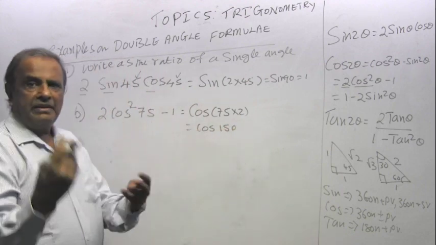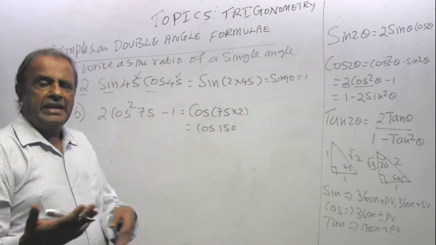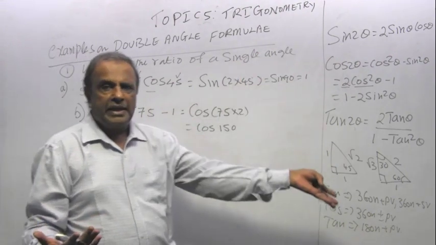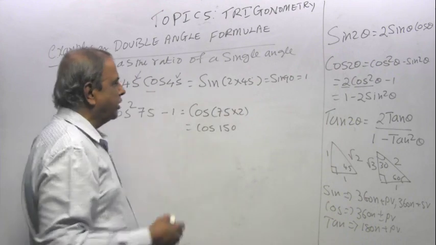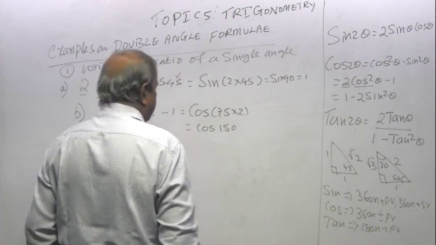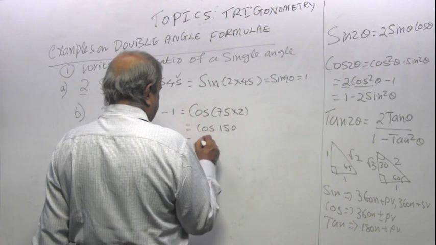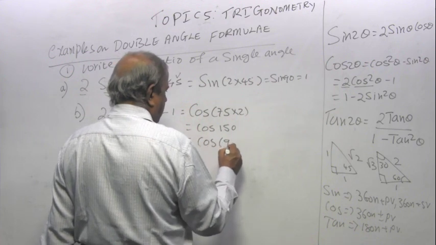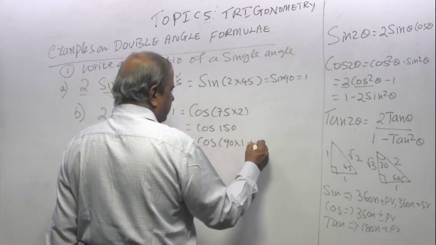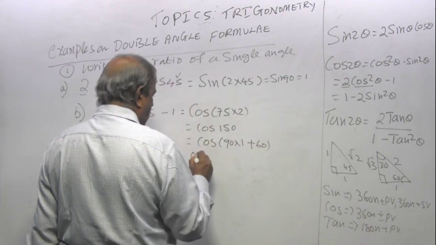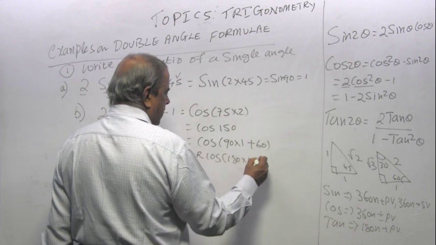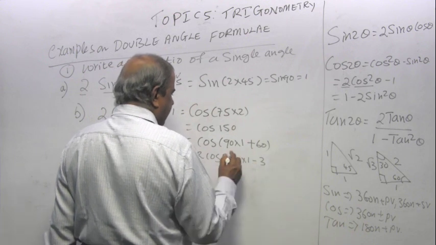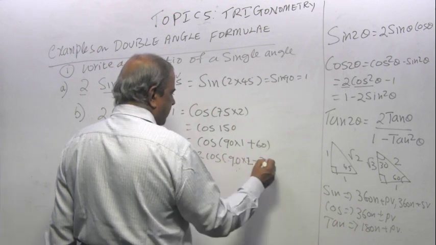Remember, whenever the angle is more than 90, write it as a multiple of 90 plus something or multiple of 180 minus something. Sorry, 90 times 2 minus something. So I would write this as cos of 90 times 1 plus 60 or cos of 90 times 2 minus 30.